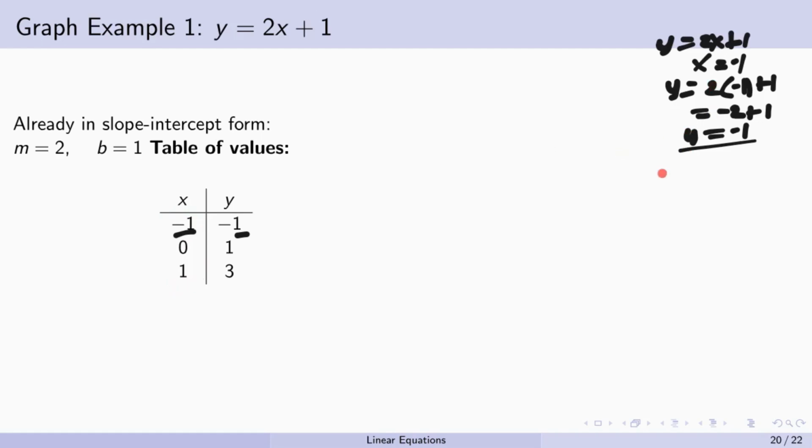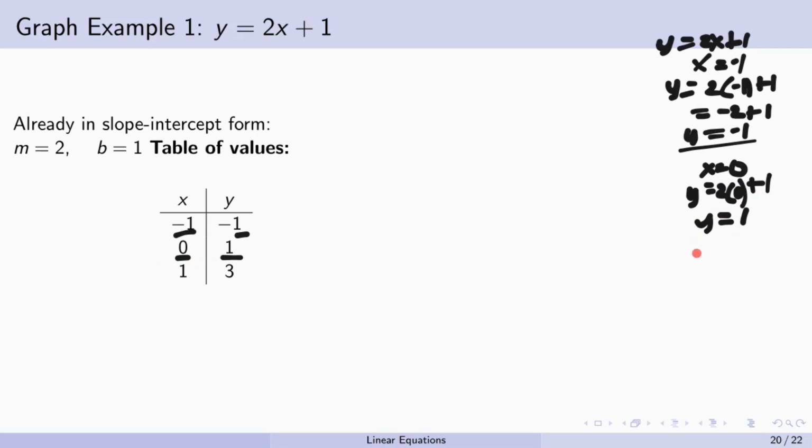Next, how about 0? If x is equal to 0, we use the same function. y is equal to 2 times 0 plus 1, so y is equal to 1. That's why we have 0, comma 1. And then we also have 1, comma 3.